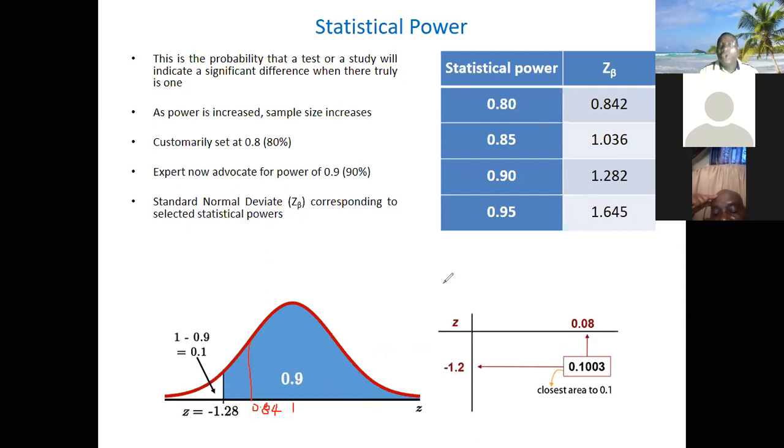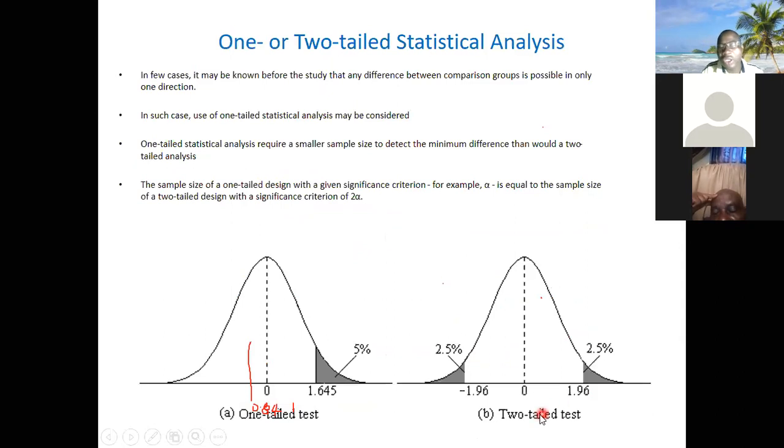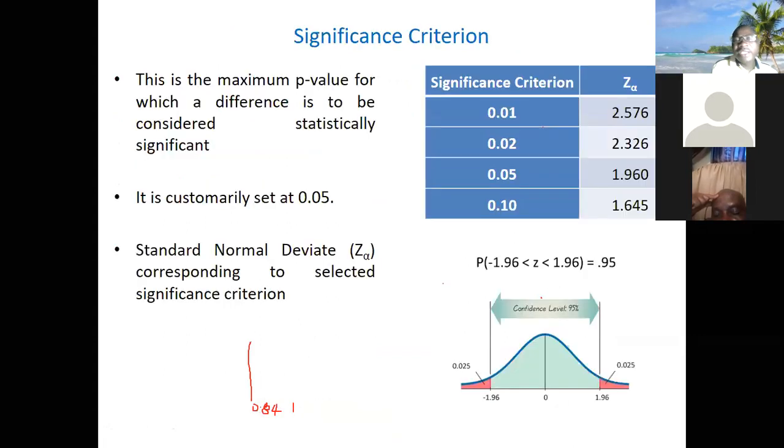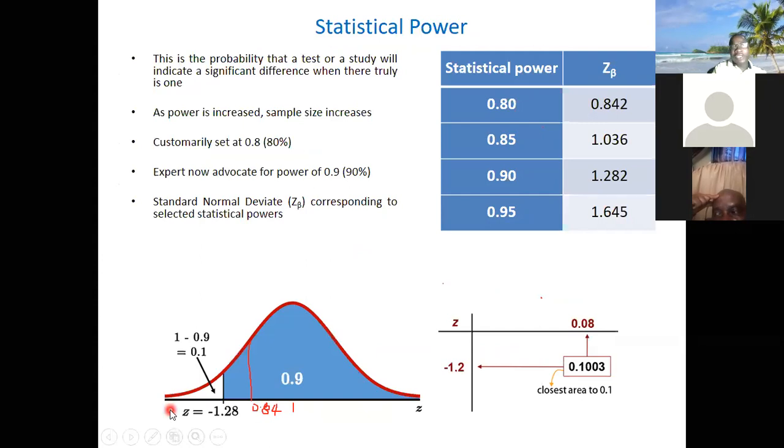Alpha is the type 1 error rate, but beta is the type 2 error rate. So if 1.96 corresponds with the level of significance, this 1.28 here actually corresponds with beta. But that beta is 1 minus power. That's why they talk about 1 minus power.